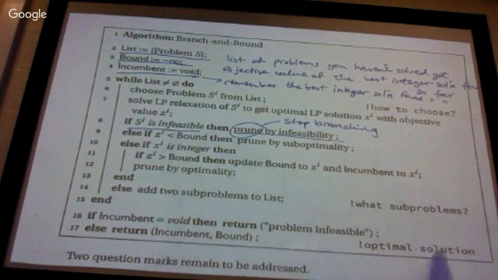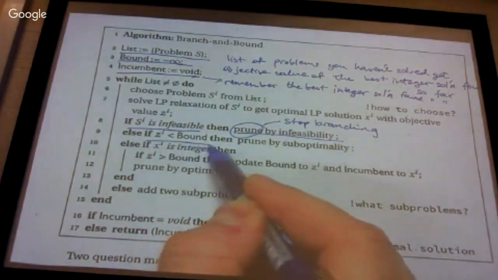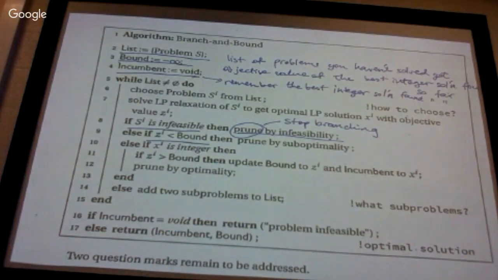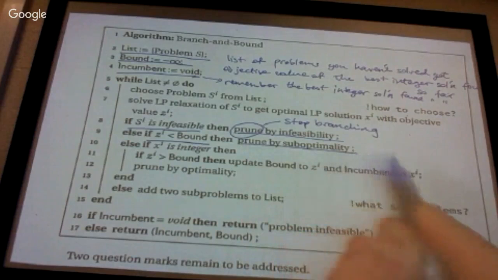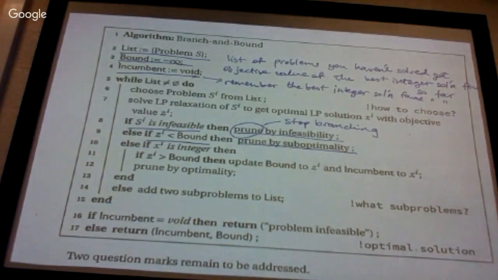If it is feasible, but you find something that's worse than the current best integer solution you know, then you stop branching because it's never going to be optimal in that particular branch. That was the case of the leftmost branch we had.